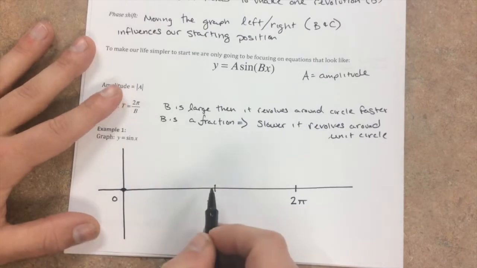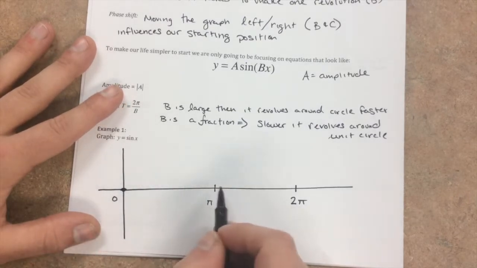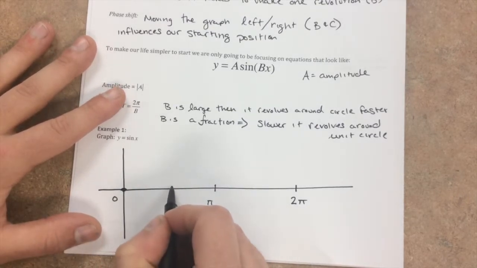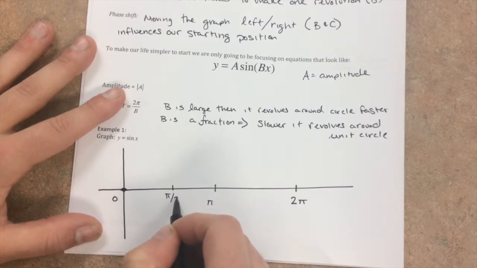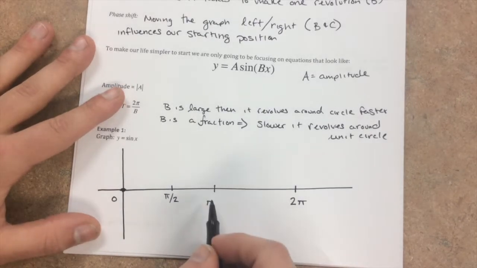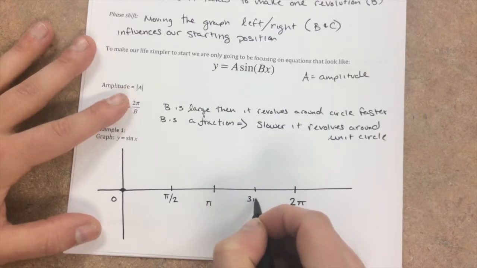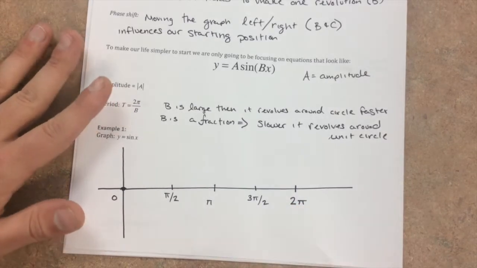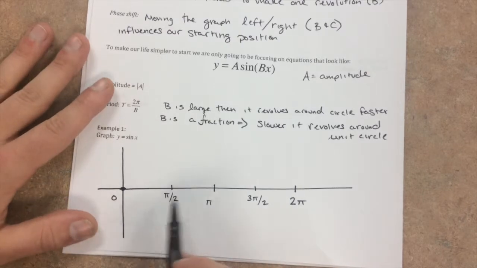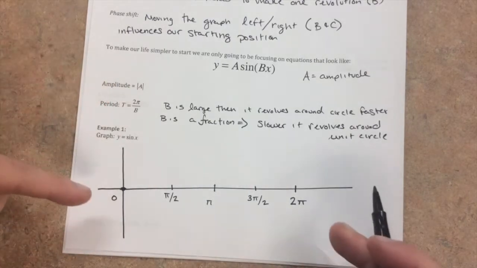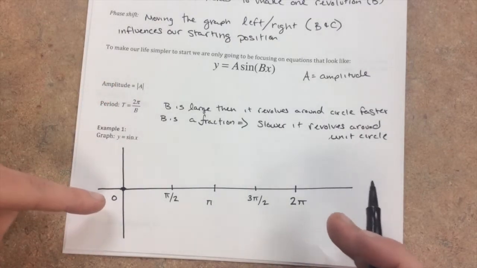Another key point that we want to look at is halfway between 0 and pi, so we're going to call that pi over 2. And then halfway between pi and 2 pi, we're going to look at 3 pi over 2. And we're always going to have 5 points for graphing a sine or a cosine wave.